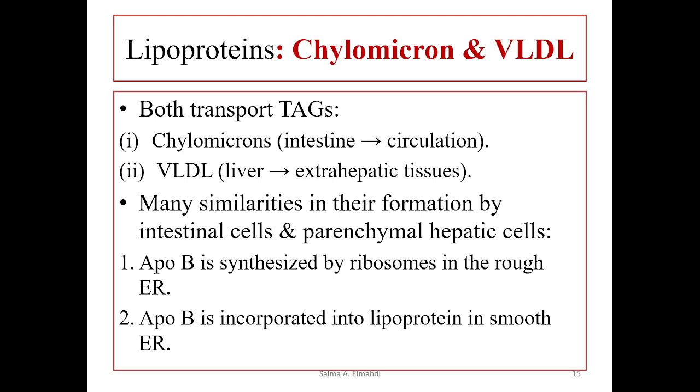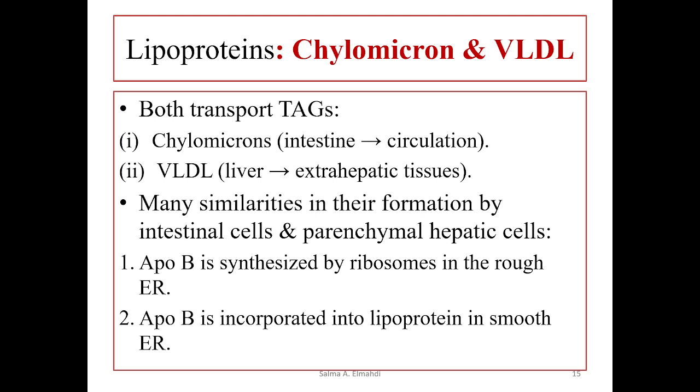VLDL will transport triacylglycerol from the liver to extrahepatic tissues. There are many similarities in the formation of chylomicron by the intestinal cell, and VLDL by the parenchymal hepatic cells.